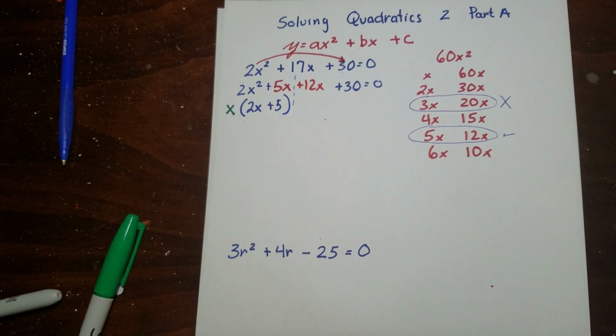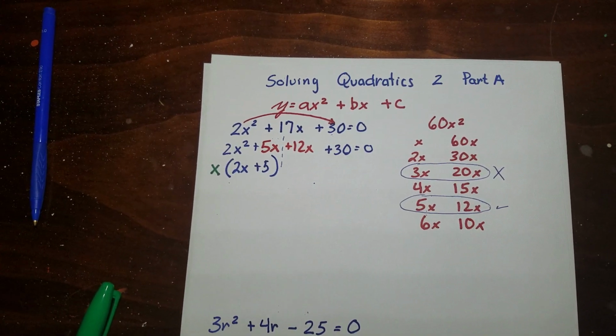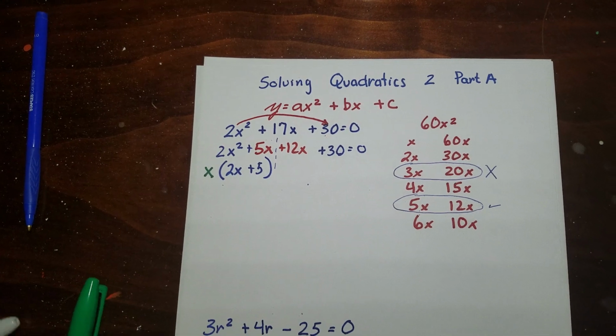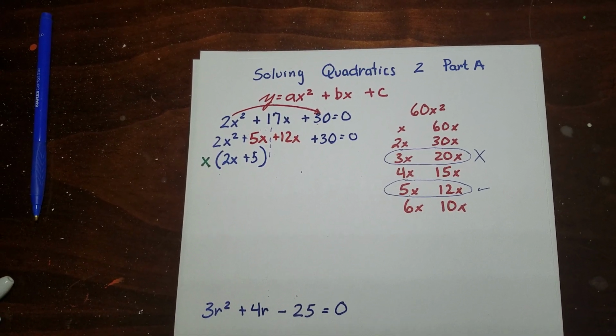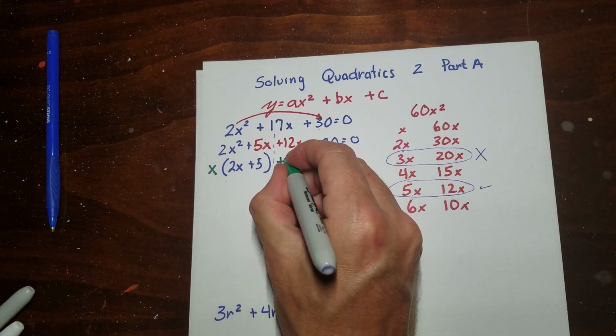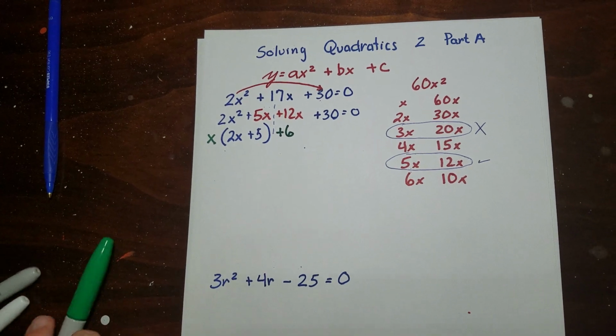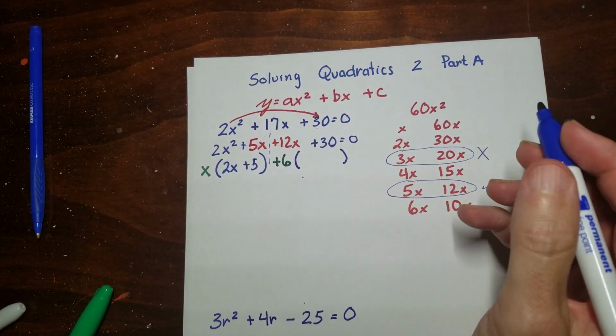Now on this one right here, 12 and 30, well, there's actually 3 factors. There's 2 will work, 3 would work, and also 6 would work. So how do I know which one it is? Well, first, you should always pick the biggest one. So I'm going to pick 6. So pull a positive 6 out. Now, a lot of times people ask me, what will happen if I pull out a 3?